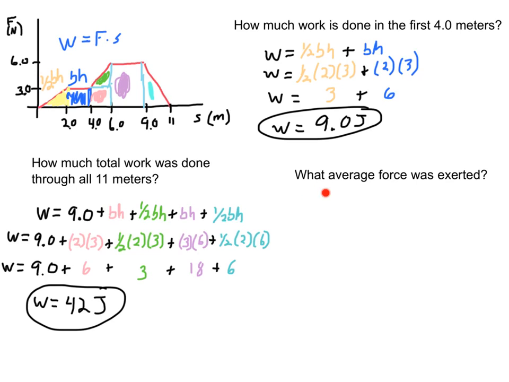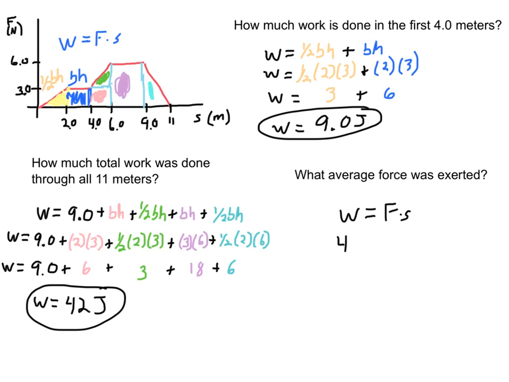The next question, what average force was exerted? So instead of trying to count up all of these forces, and trying to average out all these different forces here, the way you solve this problem is first, you do the area under to find the total work done. Now that you know the total work done, you are going to actually substitute into force times displacement, the work equation here.